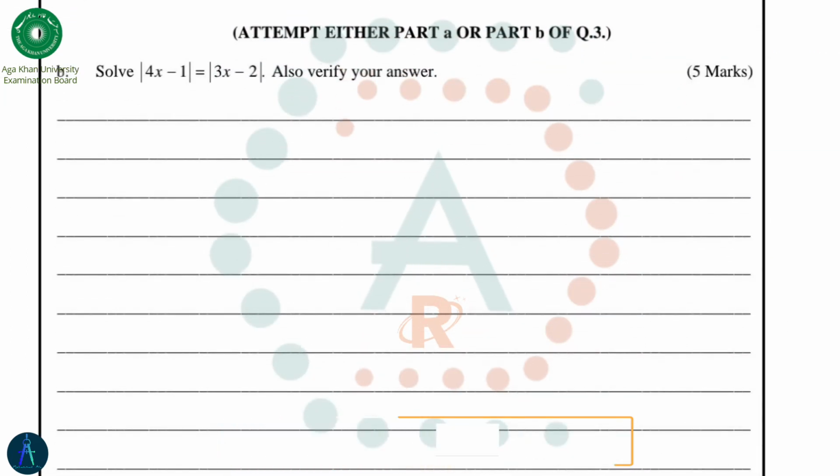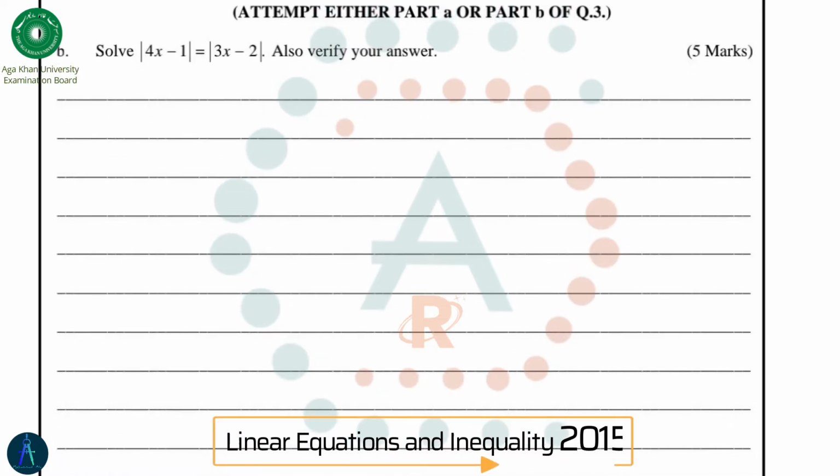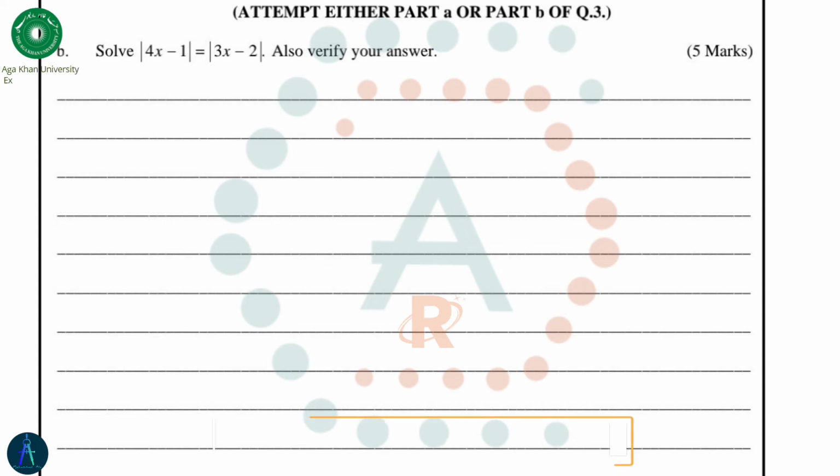Now let's see the part B of this modulus equation. So इस modulus equation को solve करते हैं. |4x minus 1| equals to |3x minus 2|.